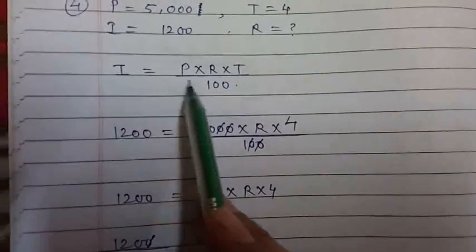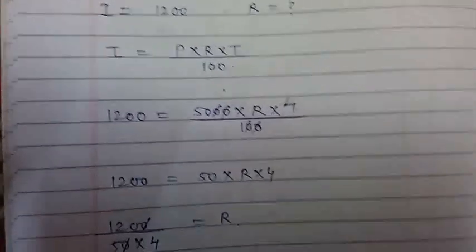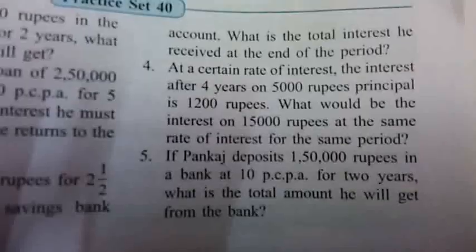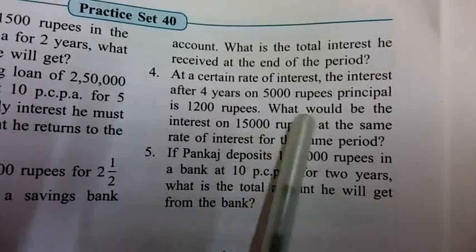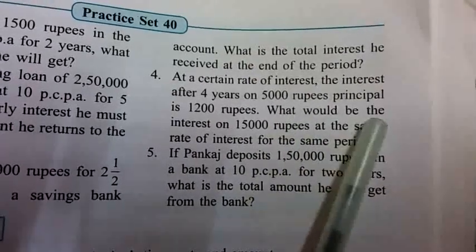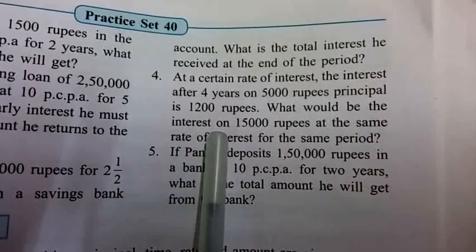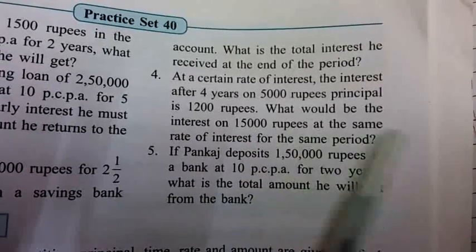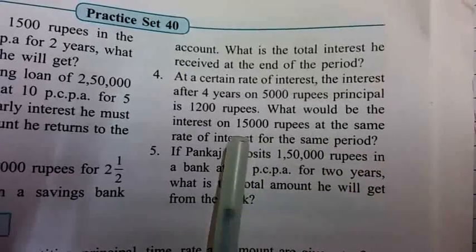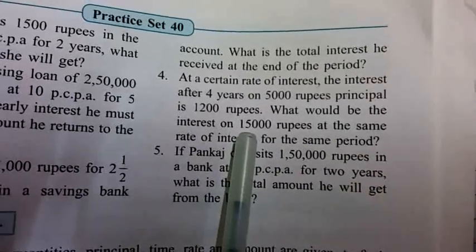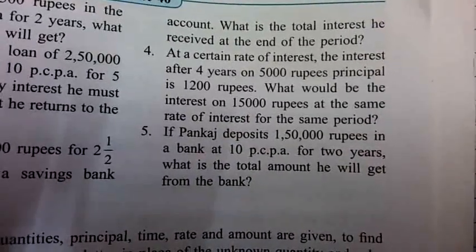Again I is equal to PRT upon 100. Now the value of P we will get 15,000. See, what is our second question? What would be the interest on 15,000 rupees at the same rate of interest for the same period? Means here the value of P is 15,000.